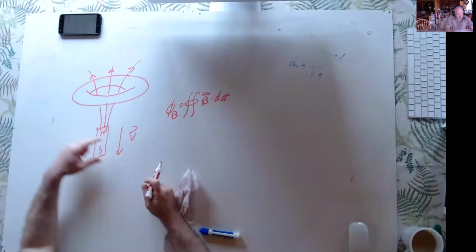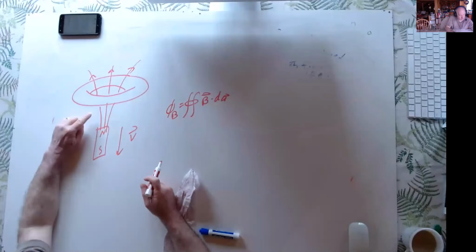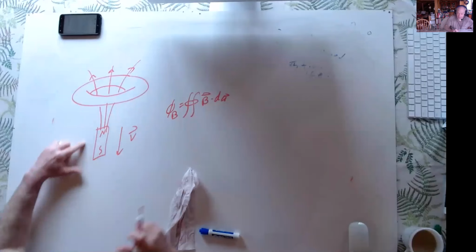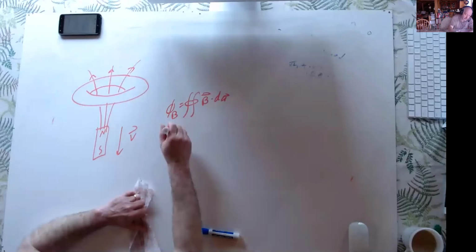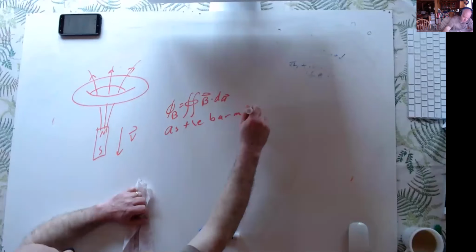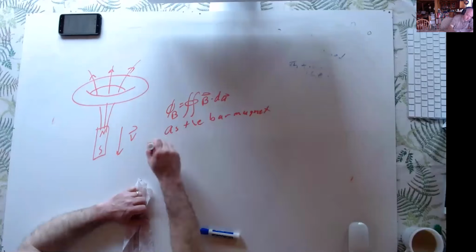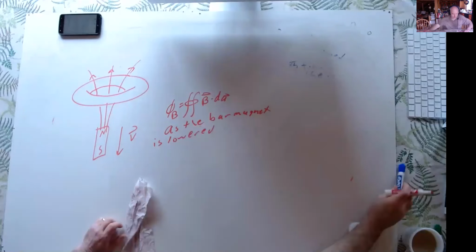Well, if I move that magnetic field away from this, if I move it down, the magnetic field is getting weaker because basically I'm moving the field away. And so if I weaken this magnetic field, I weaken the flux. So as the bar magnet is lowered, what's going to happen here?